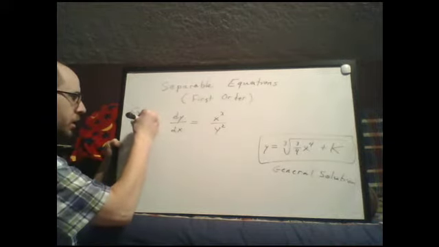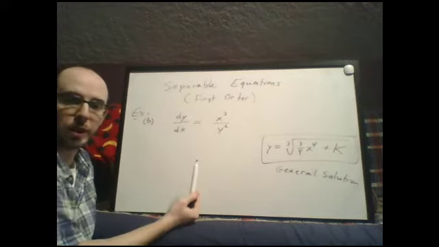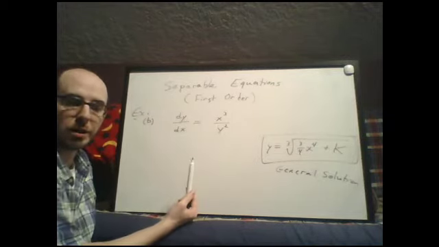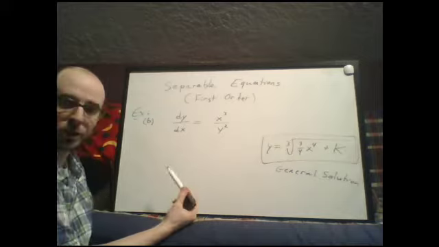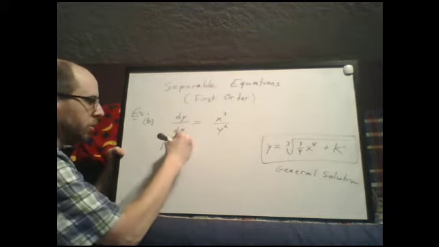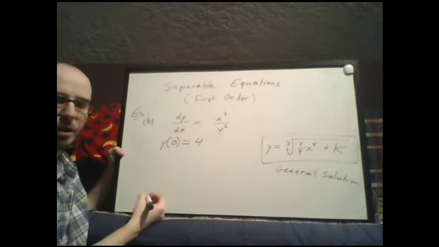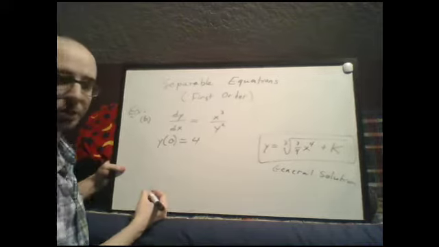Now, another type of problem in differential equations is you have a differential equation together with some extra condition. So we could say y of 0 equals 4. This is called an initial value problem.